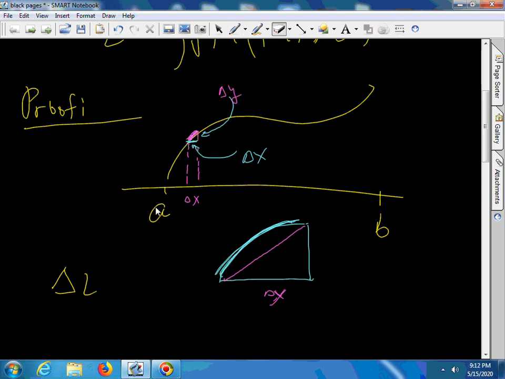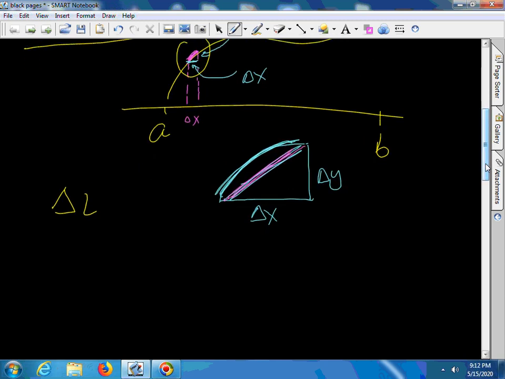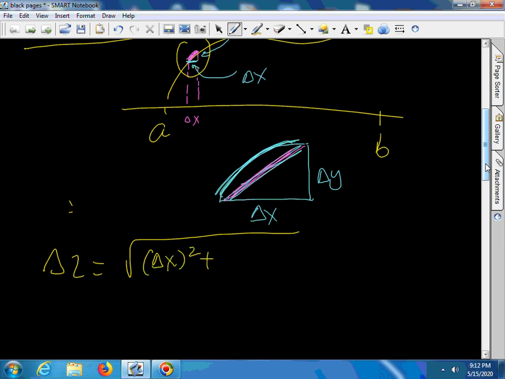Let's look at this little region over here blown up a lot. This is delta x. This is delta y. That length, which we'll call delta L, Pythagoras would say, is the square root of the change in x squared plus the change in y squared.